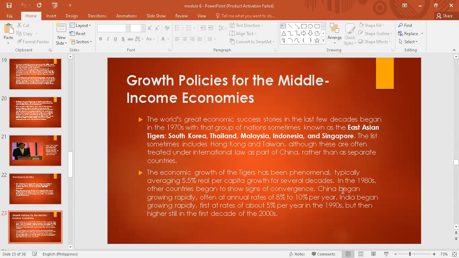So the East Asian Tigers are South Korea, Thailand, Malaysia, Indonesia, Singapore, Hong Kong, and Taiwan, if we consider per country. Here, their economic growth has been phenomenal, annually or for the past 10 years, 5.5% real per capita growth.